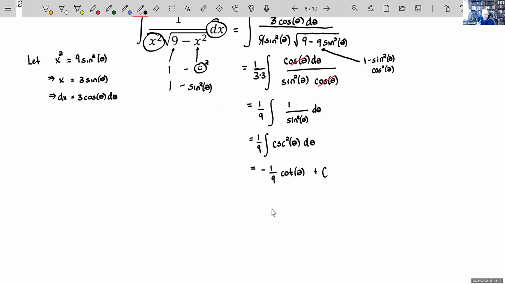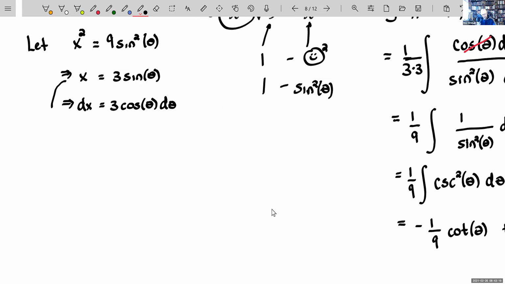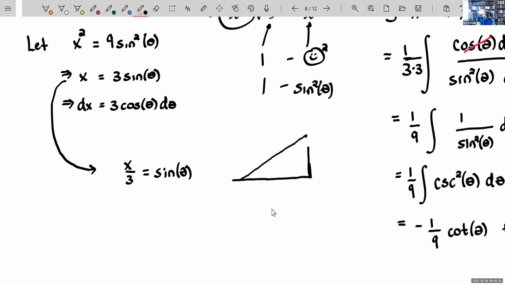All we need to do is go back to our original substitution, this guy right here, and draw a triangle. X over 3 is the sine of theta. So I know that if I draw a triangle, and if I call that theta, then the opposite is x, the hypotenuse is 3, and the adjacent is the square root of 9 minus x squared by the Pythagorean theorem.